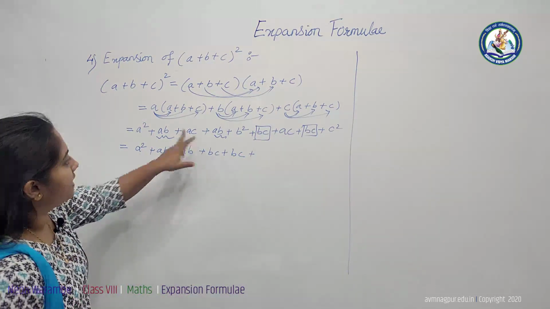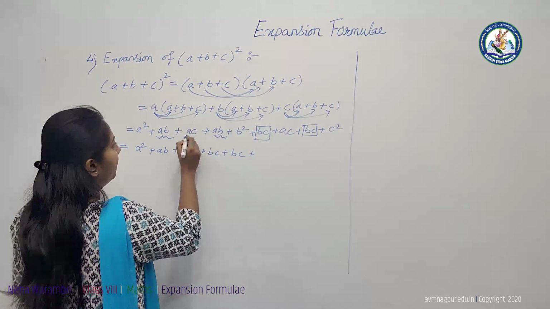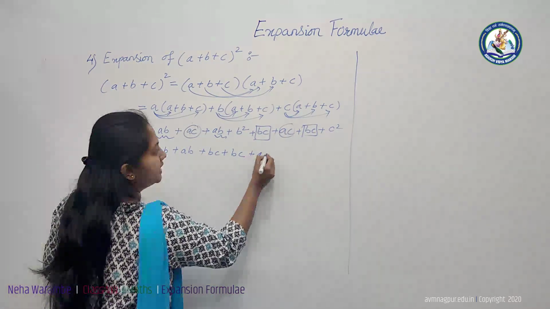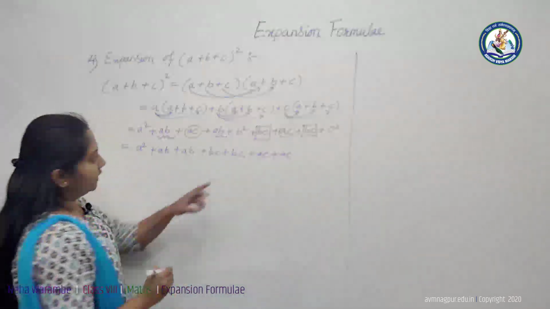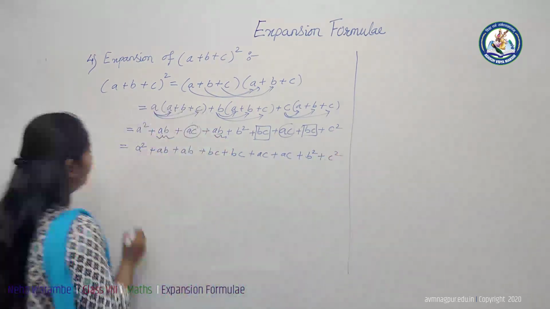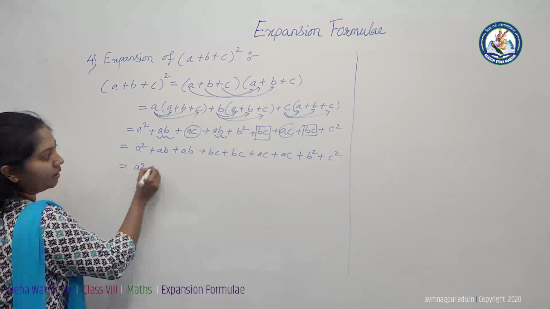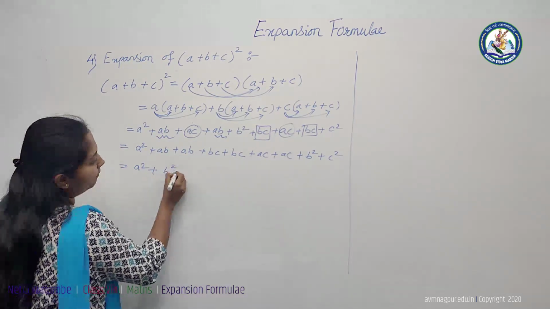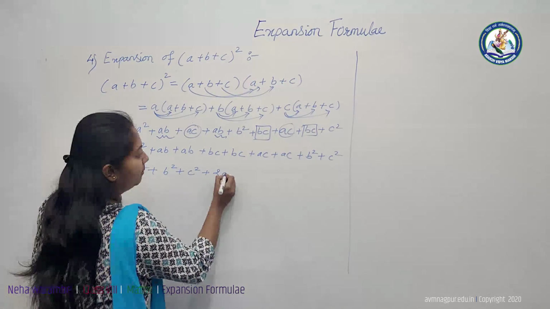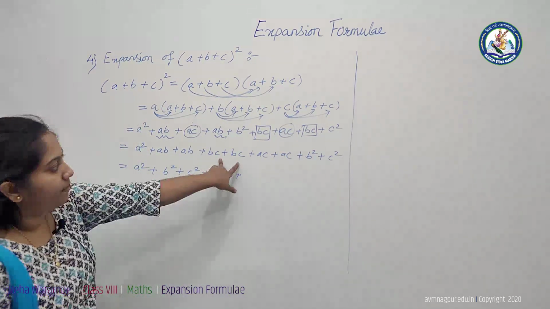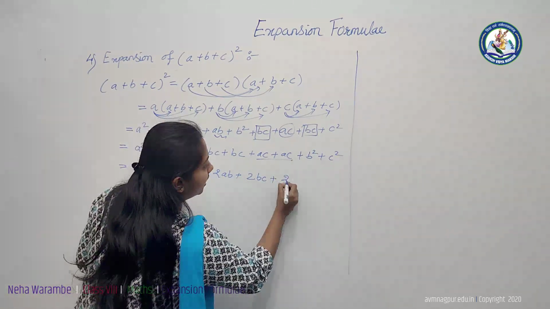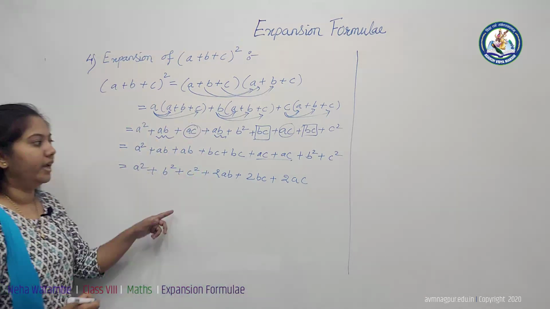The next term is this ac and ac, ac plus ac, and the next is b square plus c square. Now write a square plus b square plus c square plus ab plus ab, 2ab, plus bc plus bc, 2bc, plus this ac plus ac, that is 2ac.